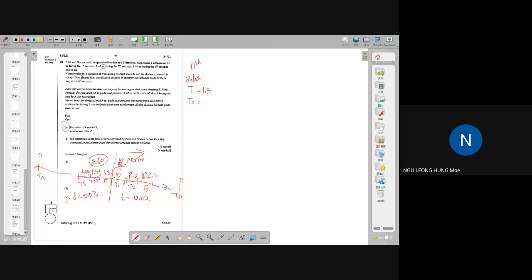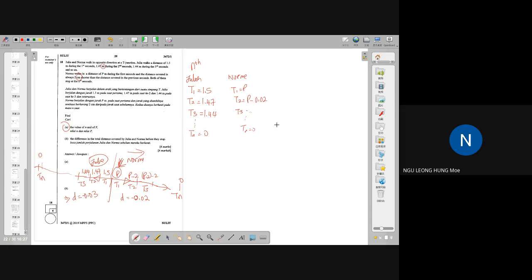T2 equal to 1.47. T3 1.44 sampai Tn equal to 0. Norma pun T1 equal to P. T2 equal to P minus 0.02. T3 and bla bla sampai ke Tn equal to 0. Dan n untuk Julian dengan Norma adalah sama.